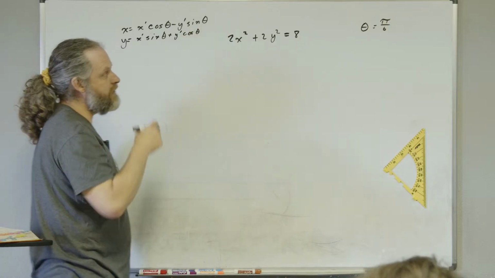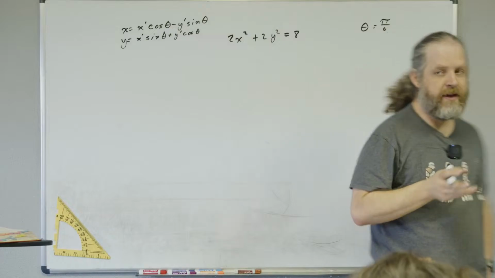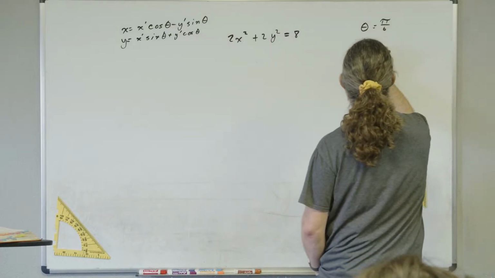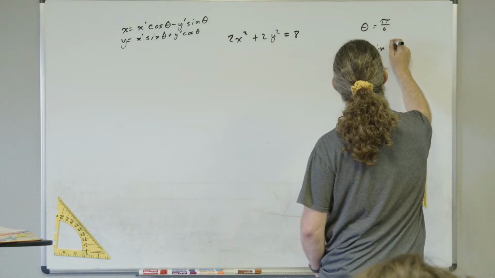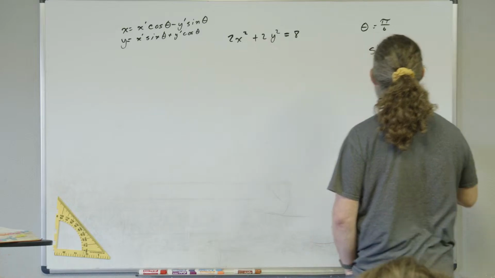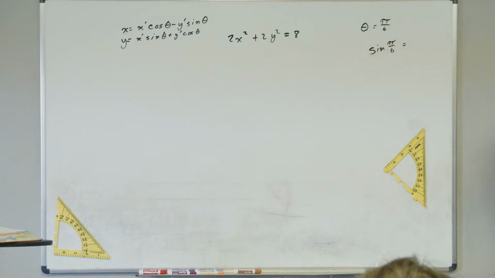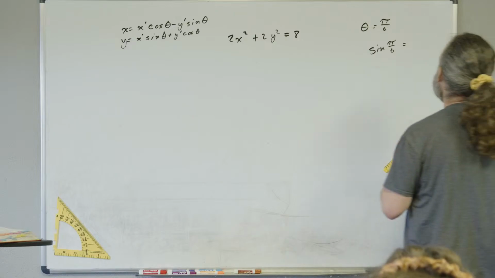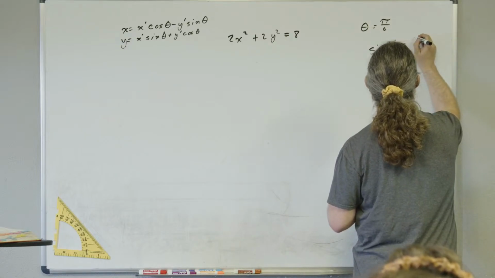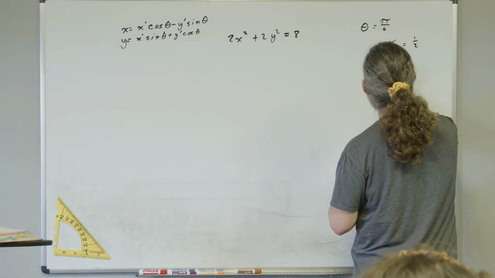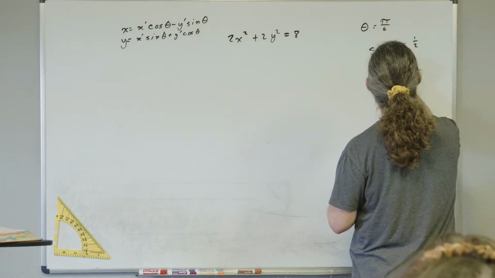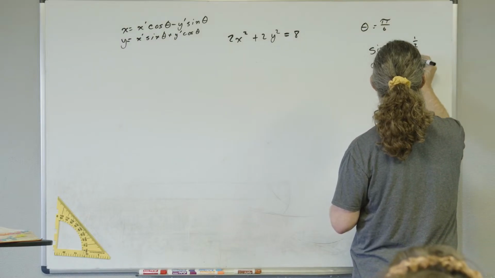Okay, so we need sine and cosine of pi over 6, right? Sine of pi over 6 is 1/2. The cosine is the square root of 3 over 2. Yes, it is.